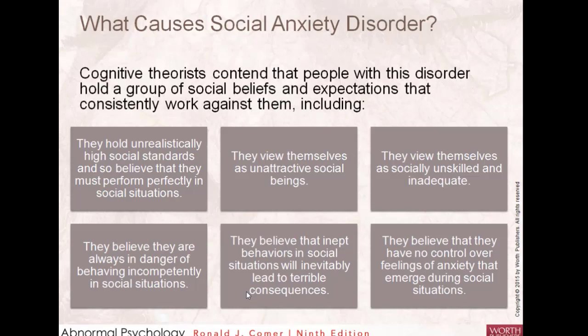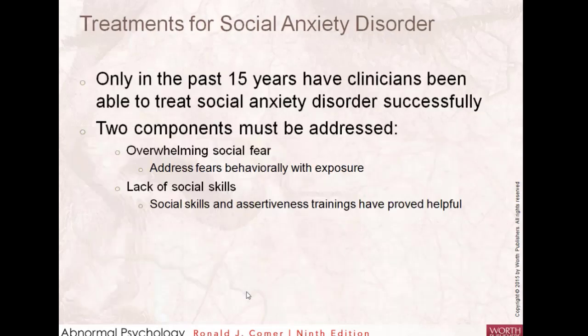So then, if our viewpoint is that your social anxiety comes because you have these maladaptive assumptions about social interactions, then how will we approach treatment? We'll try to help you have more realistic viewpoints of ways to interact with other people. So, we have been able to form some pretty effective treatments for social anxiety disorder that usually combine that cognitive aspect of helping people change the way they think about themselves and others, combining that with a behavioral aspect of exposure therapy.